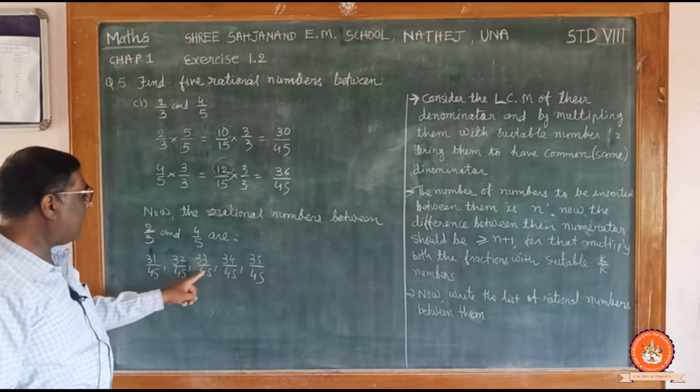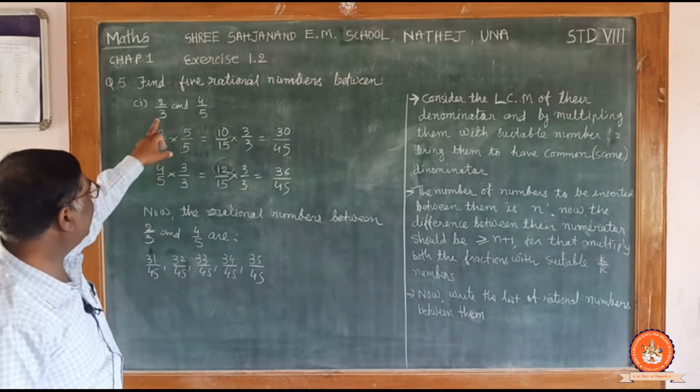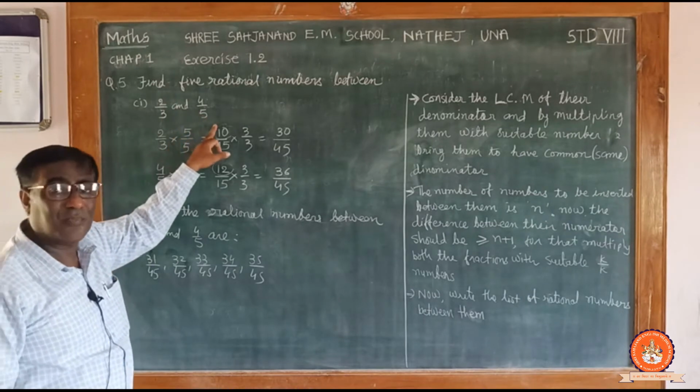So these are the 5 rational numbers that lie between 2 by 3 and 4 by 5.